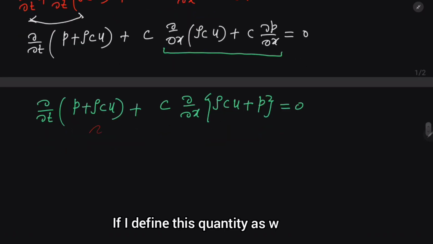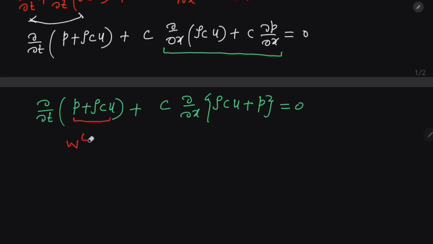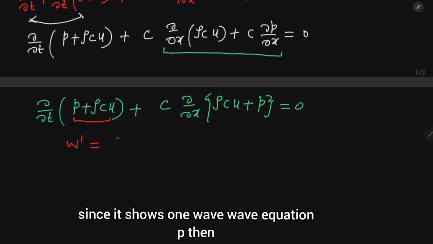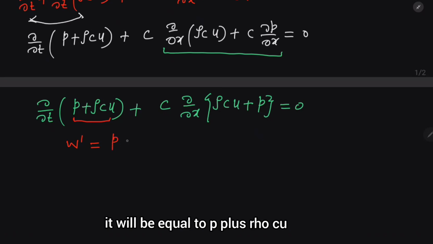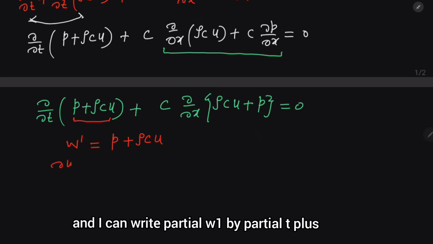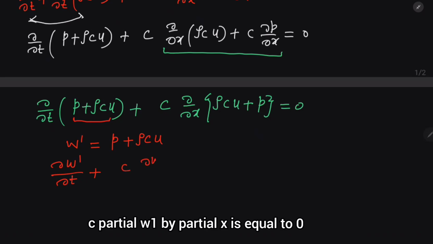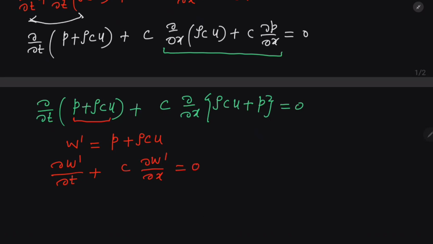If I define this quantity as w1, since it shows one wave equation, then it will be equal to p plus rho c u, and I can write partial w1 by partial t plus c partial w1 by partial x is equal to 0.